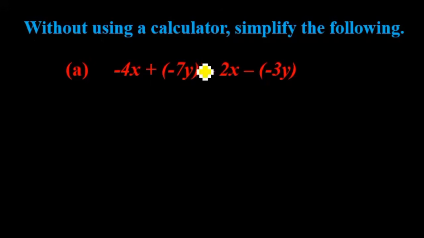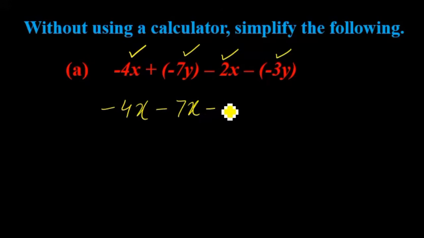In such questions the rules will be the same, we will add only the like terms, like x with x and y with y. So first we will open the brackets, then we will arrange the like values together like this. Minus 4x plus minus minus 7x minus 2x and minus minus plus, that is 3y.